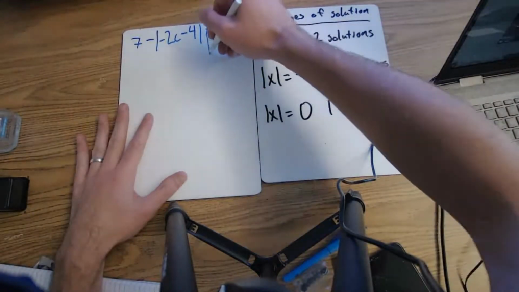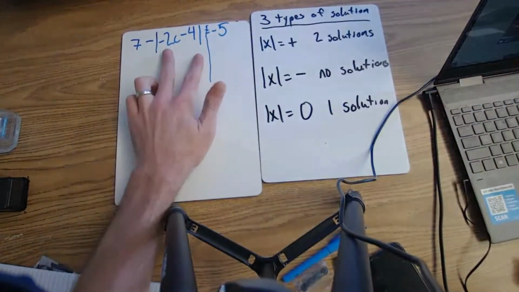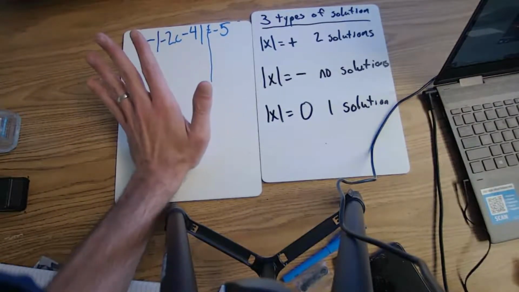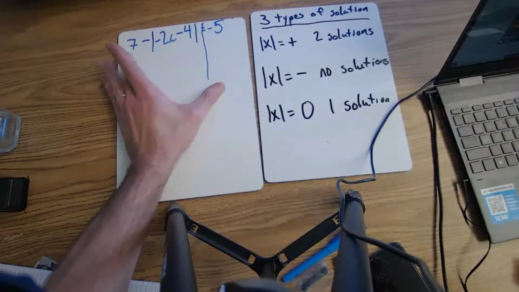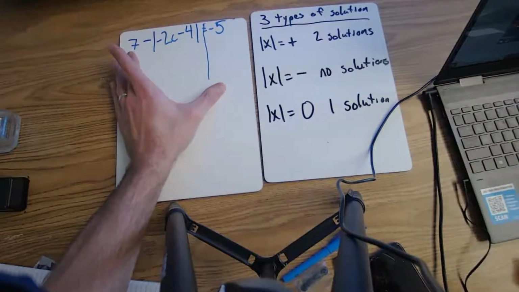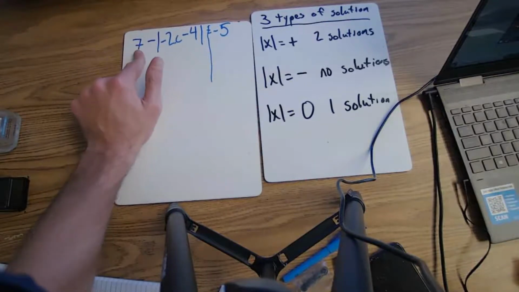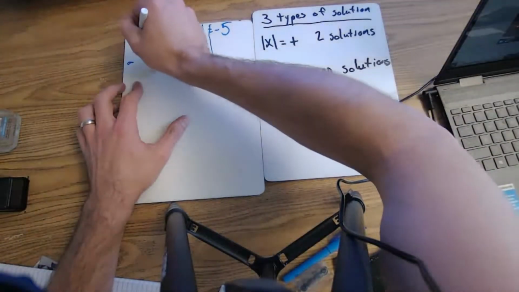We're going to start by getting our absolute value bars by themselves. First thing you should move is anything that's being added or subtracted to it. So here we see 7 minus, this is a positive 7. I'm going to subtract it from both sides.